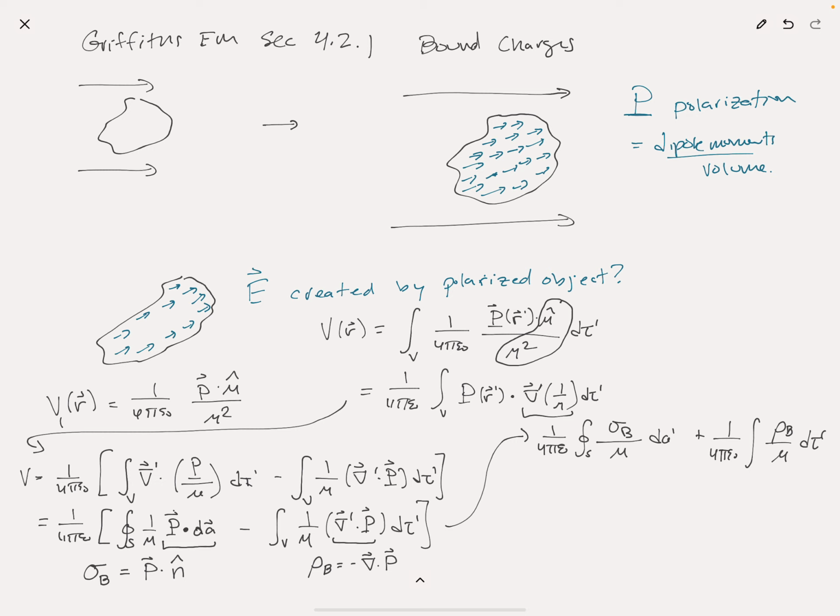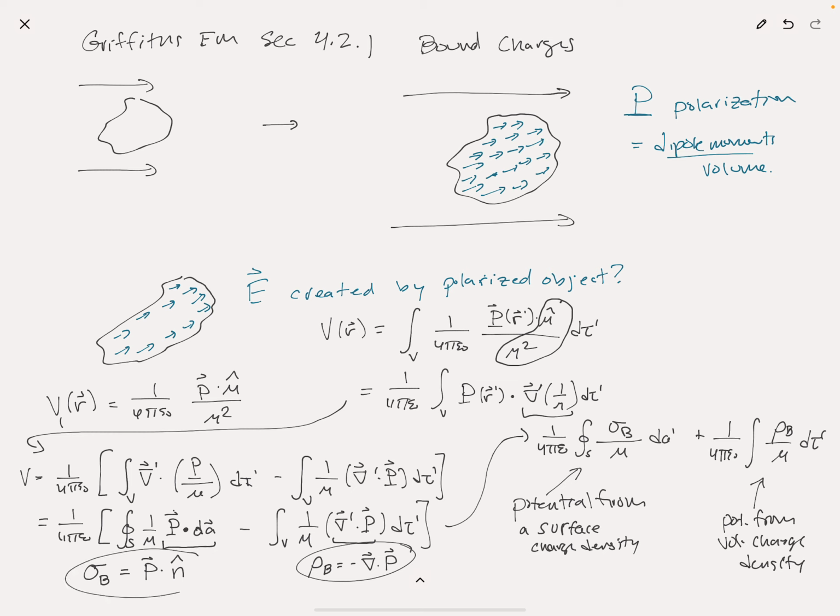All right, and these both look like different potentials, right? This is the potential from a surface charge density and this is the potential from a volume charge density as defined here and here.